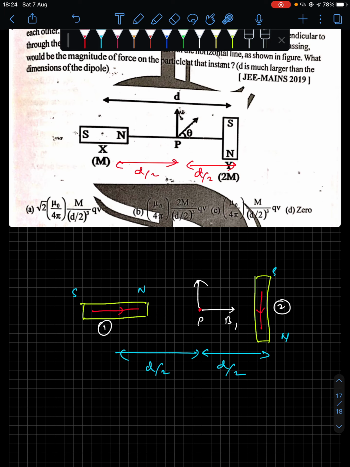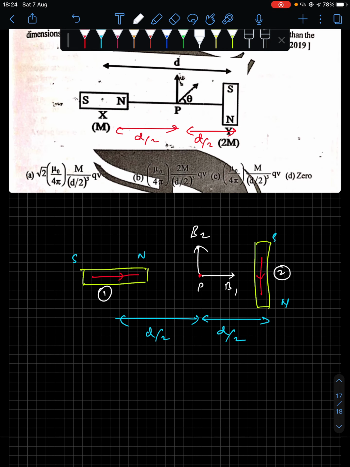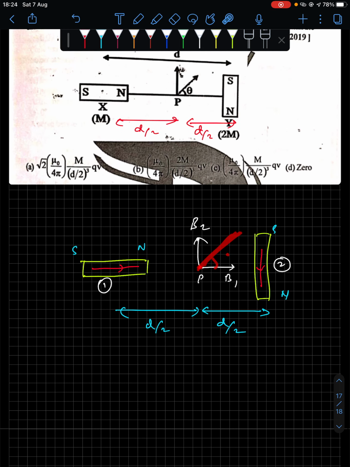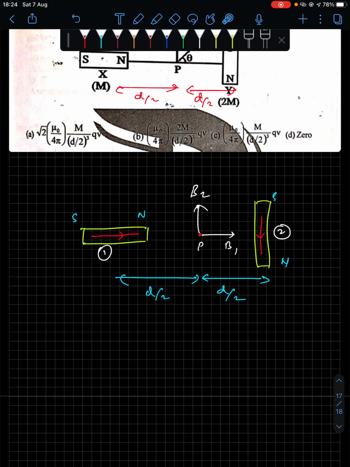Now you know that due to a bar magnet along the axial line, the direction of the field was along the dipole moment, right? But at the equatorial line, the direction of the field is opposite to the dipole moment. You see the dipole moment is acting below, and this field B2 is acting this way. So of course the resultant will be somewhere in between, right? And it is said that the charged particle is going 45 degrees along this line.